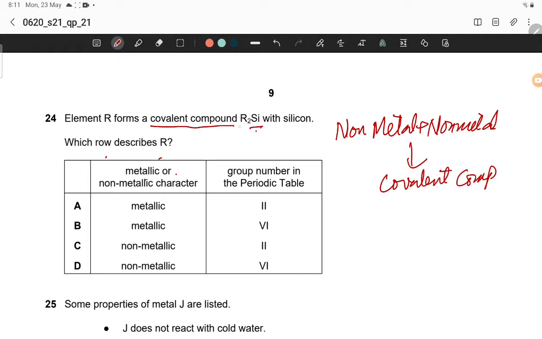Silicon is a non-metal, and R is again a non-metal. So this is incorrect, this is incorrect.